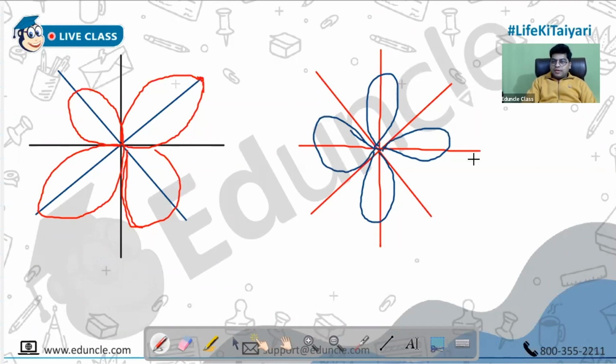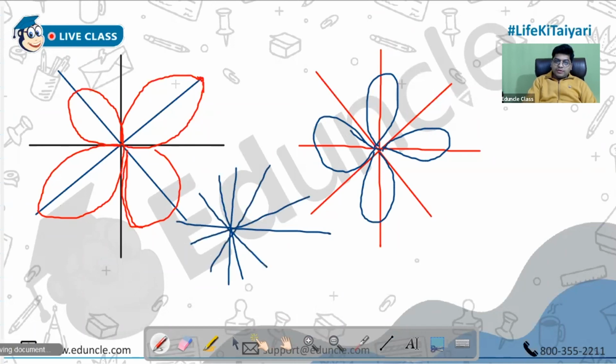You can increase the number of petals, but in my point of view, if you draw so many things, the problem will be more and more complicated, and this kind of problem will not be in the IIT exam. You can do problems of this type.